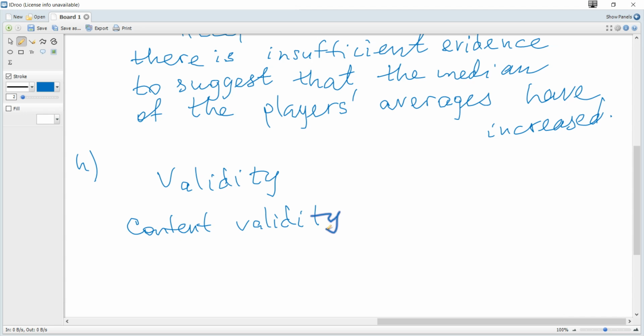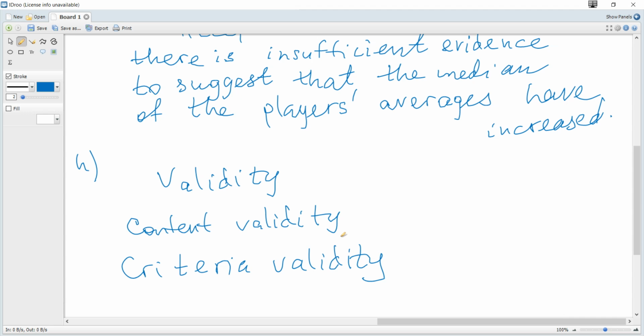So content validity: does the measure completely measure what it was intended to measure? For example, if it's a test on calculus, it must contain differentiation, integration, differential equations, or something like that.